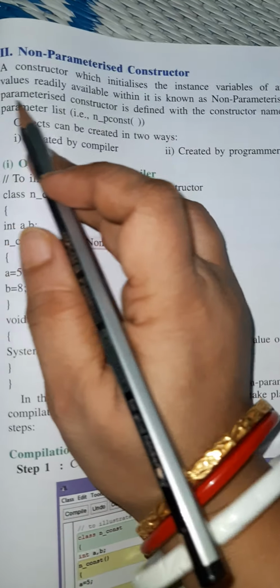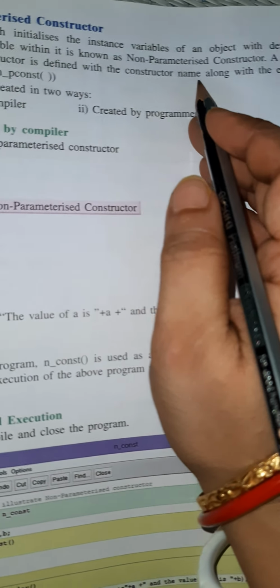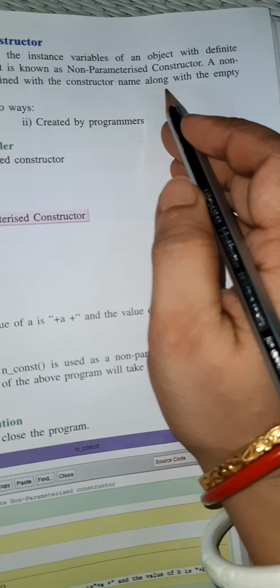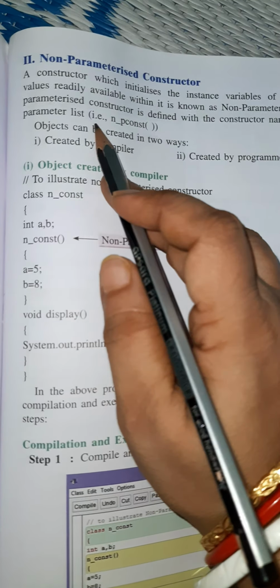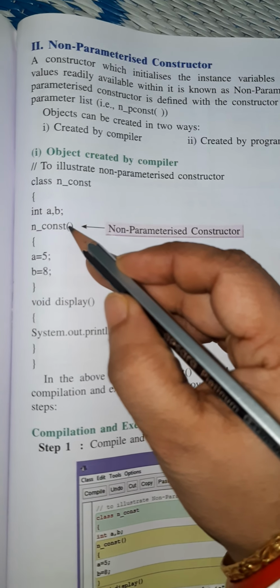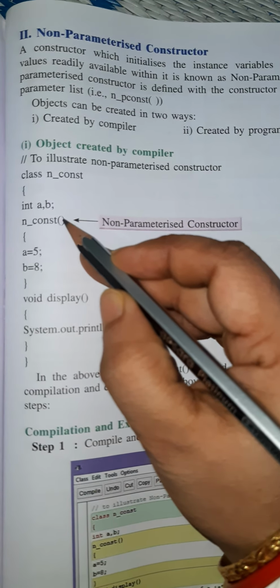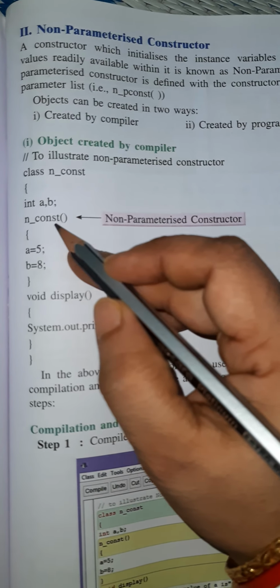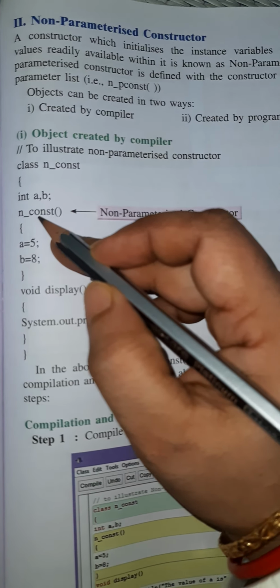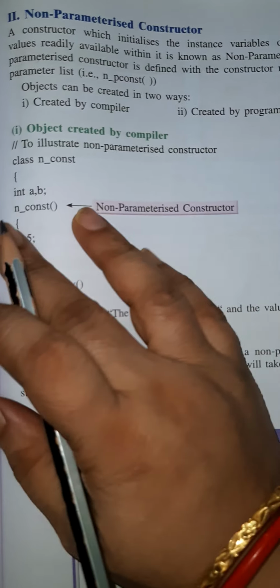A non-parameterized constructor is defined with the constructor name alone with an empty parameter list. We are not passing any argument here. Since it is a constructor, it will be the same as the class name.